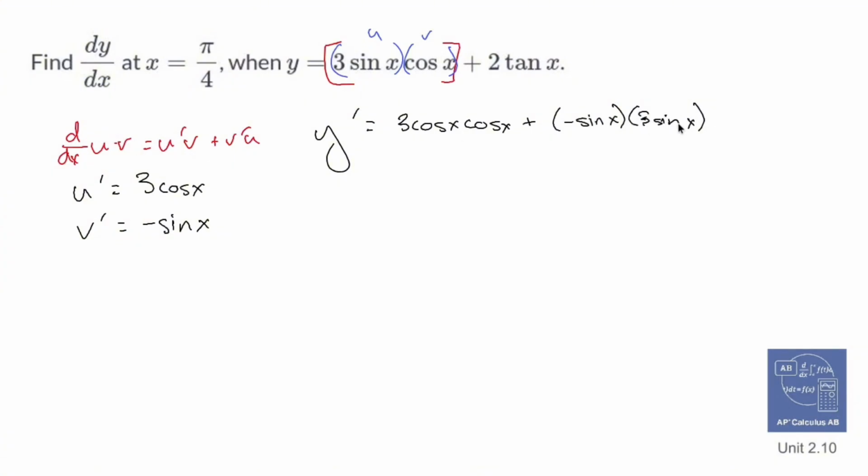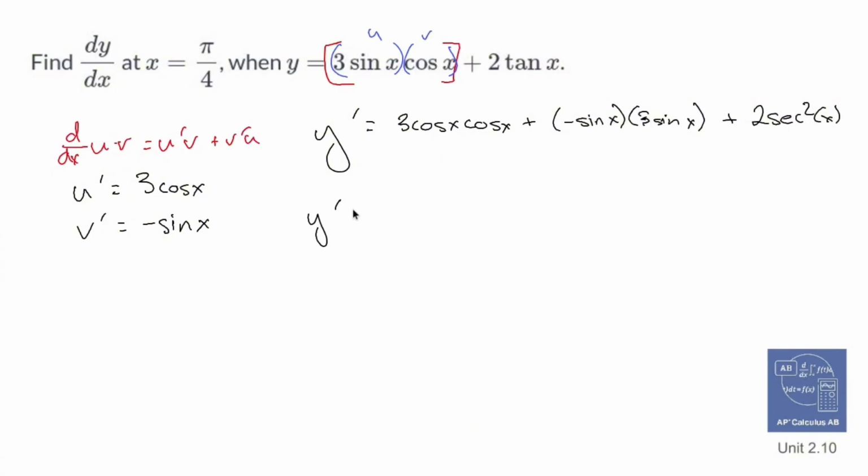And then plus 2 times the derivative of tangent, which is 2 secant squared x. Now I have to plug in pi over 4. Let's clean this up just a little bit. What I don't want to do if I'm going to plug in pi over 4 is make these squares, because it throws my brain off.